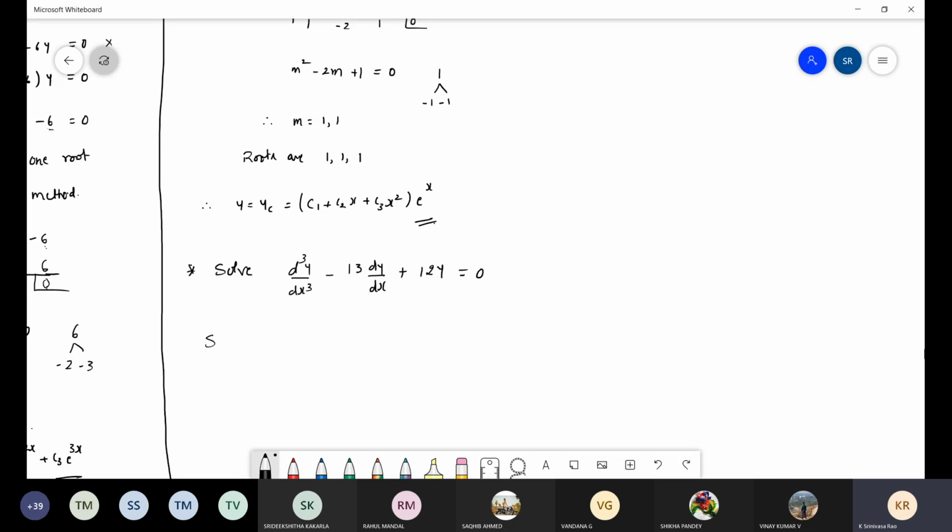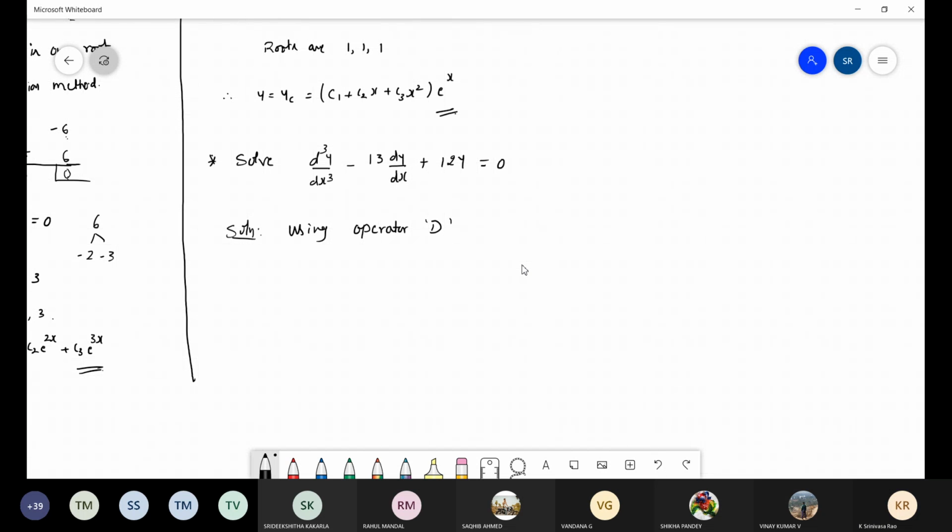Solution using operator D. D cube y minus 13 Dy plus 12y equal to 0.